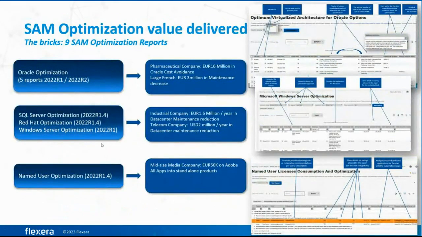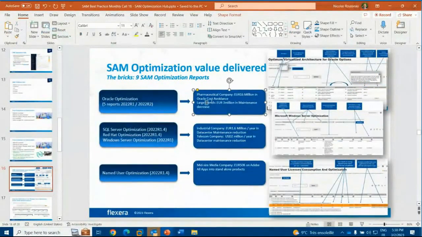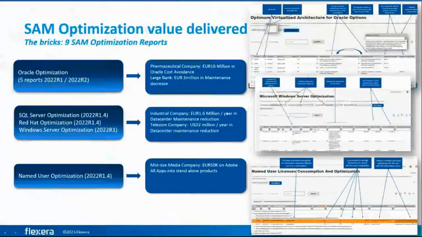And just to show you, this is real data and real money that you can save. These are true stories of customers. A large bank saved 3 million in maintenance just on Oracle database.